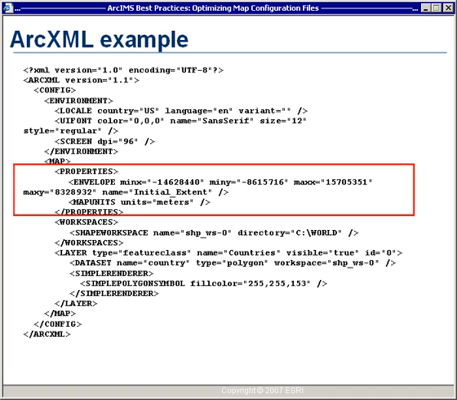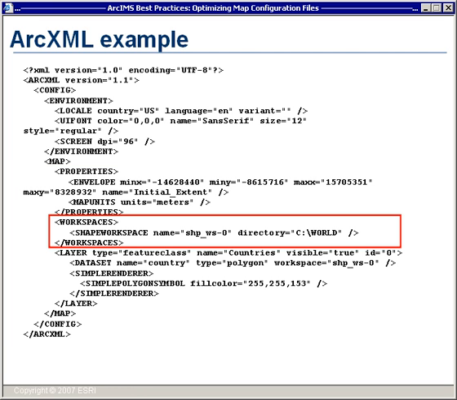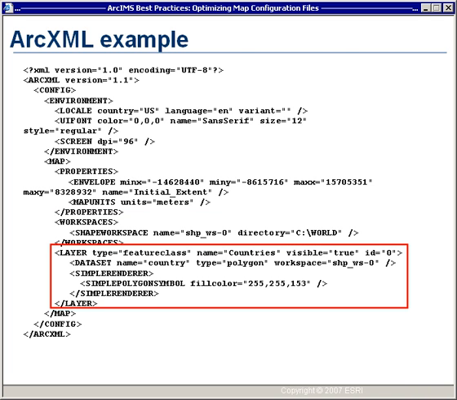Inside map, the properties for the map as a whole, such as the initial extent envelope, are listed. Next, all the workspaces are listed. This might be connection information to ArcSDE or the location of shapefiles or raster images on disk. Finally, you have a layer element for each layer of the service.